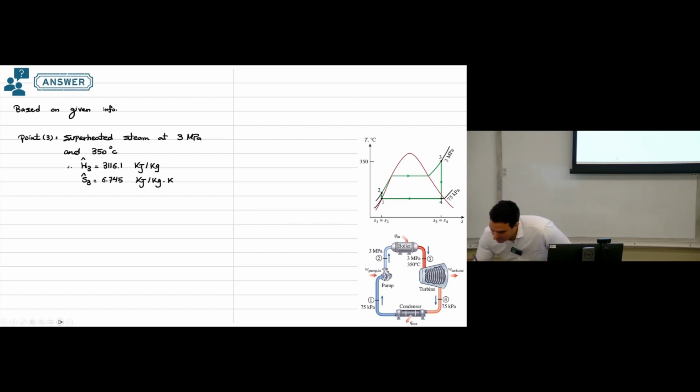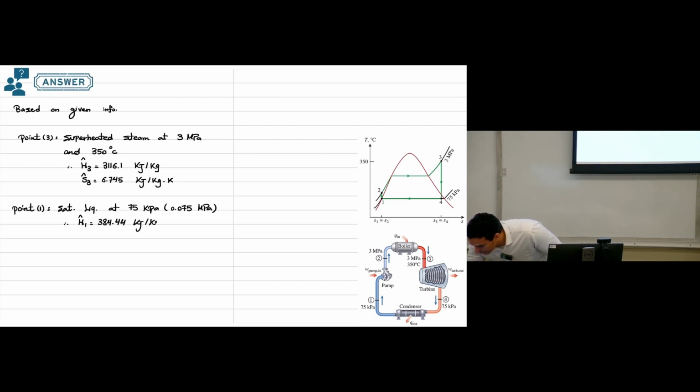And again, based on the given, point number 1 is saturated liquid at 75 kilopascal, which is 0.075 megapascal. So based on this information, the enthalpy at point number 1 will be 384.44 kilojoule per kilogram.